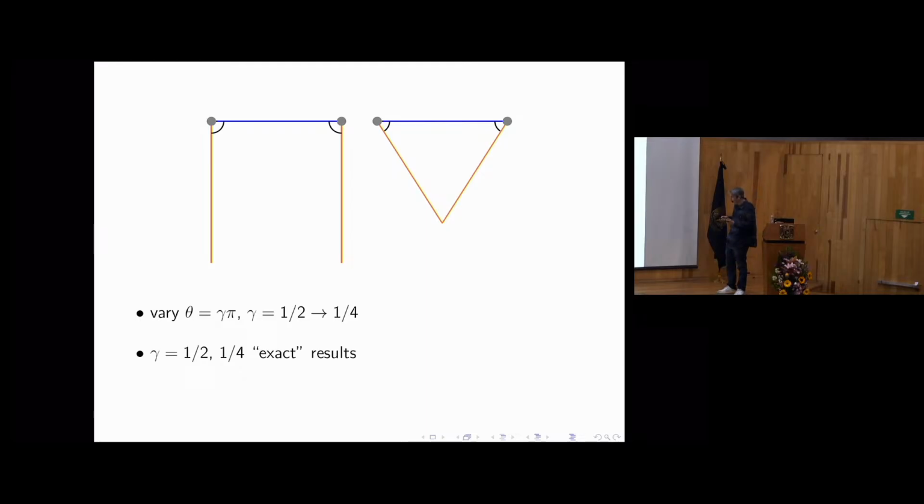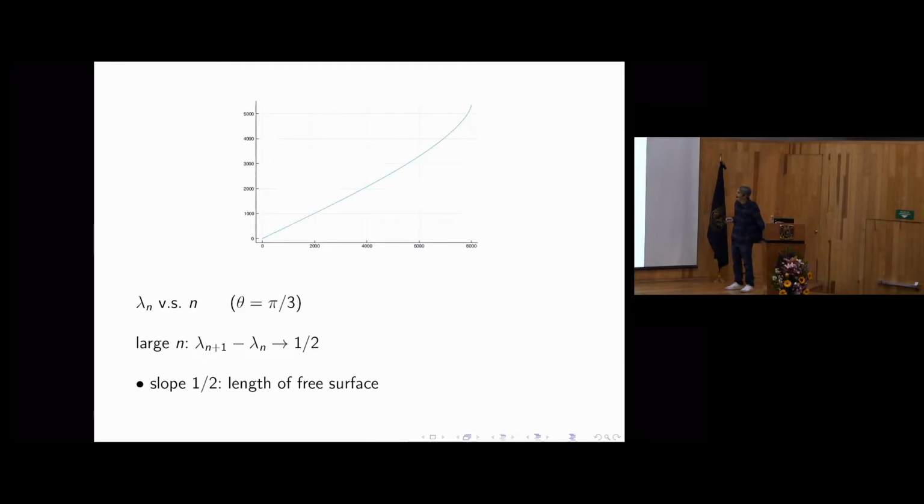So there are two cases where at least we know where we should get. Now, there are basically the following observations from the numerics.